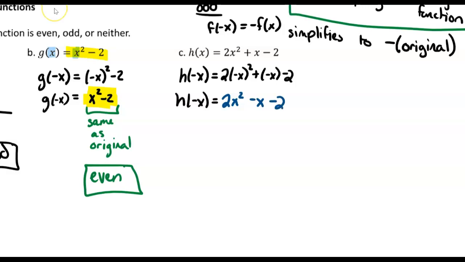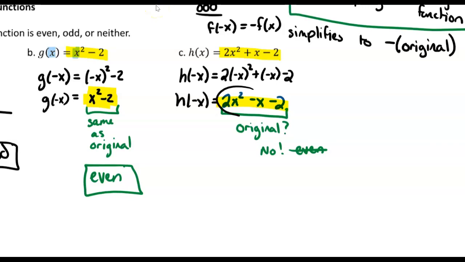All right, so what you ask yourself is, is this the same as the original? And what we mean by that is, is it the same as this, 2x squared plus x minus 2? Okay, it is not, so therefore it is not even. All right, so now what you do is you check and see if it's odd.